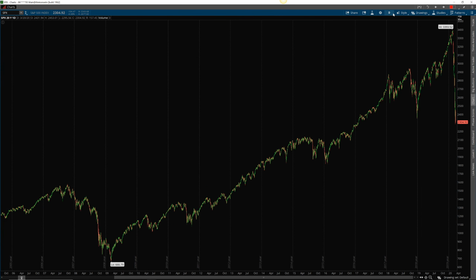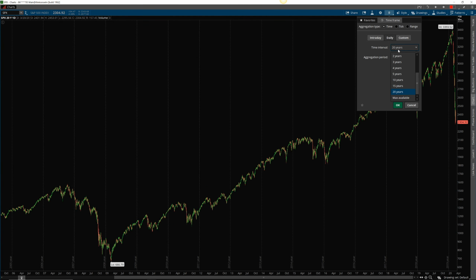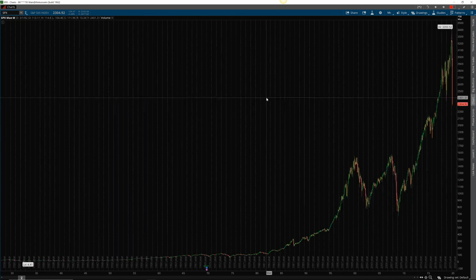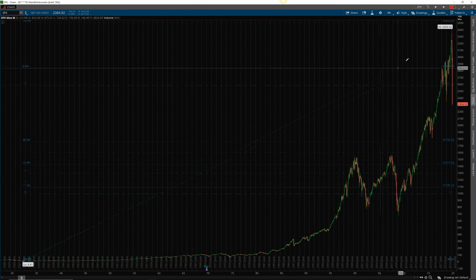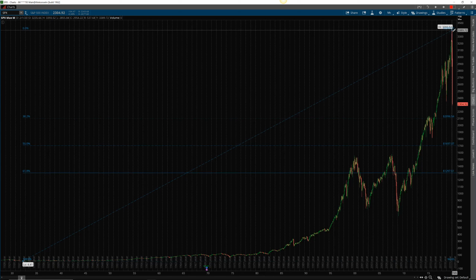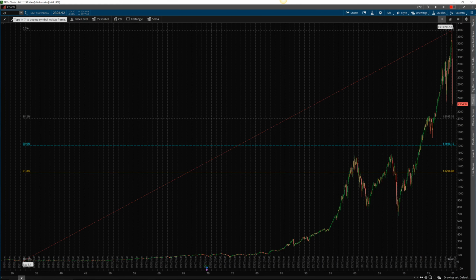So I am going to a max available monthly chart. The history of the stock market. You're looking at it right here. A 50% retracement in the S&P 500 would be, like I said, 1,700. And for the Dow, we're actually going to hit it close or faster.